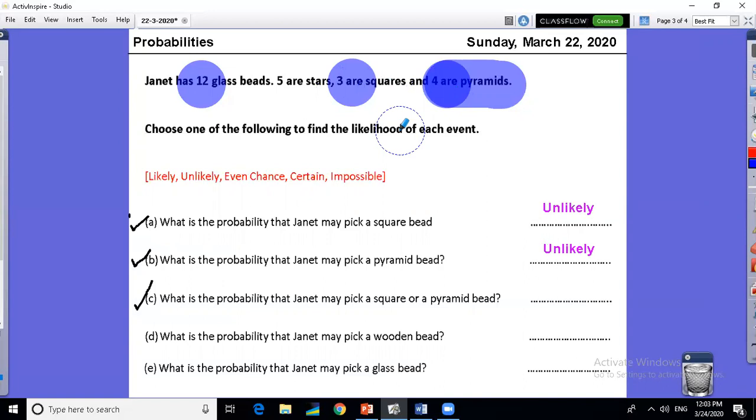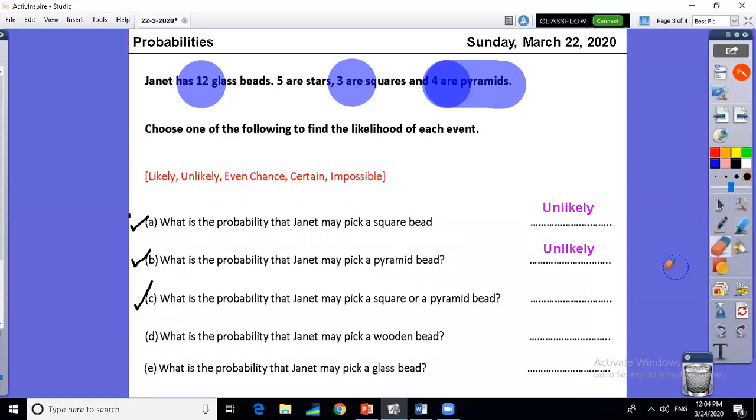Well, the half is exactly 6 out of 12. 7 out of 12 is more than the half. More than the half is going to be likely.